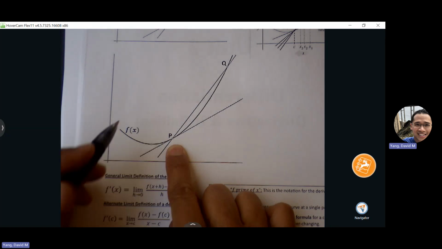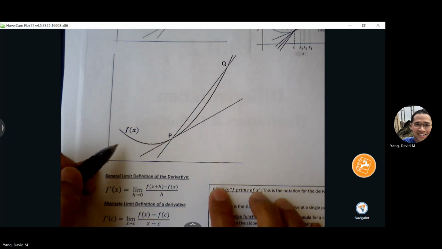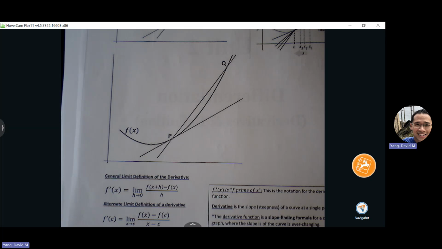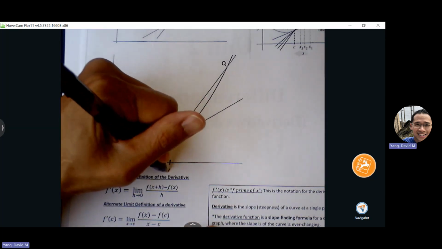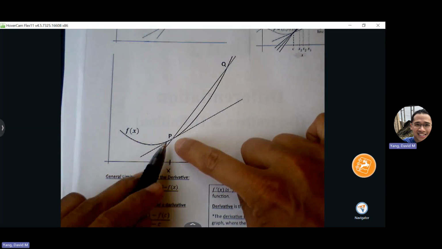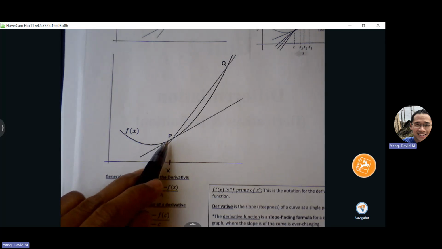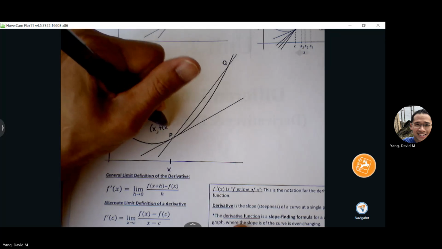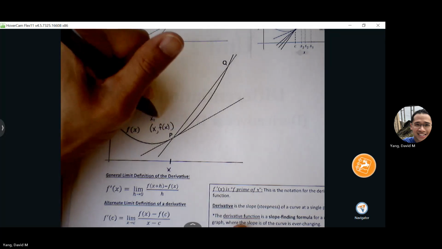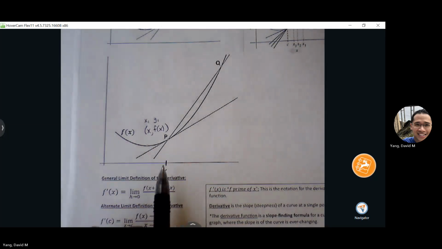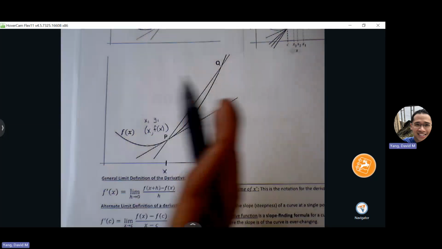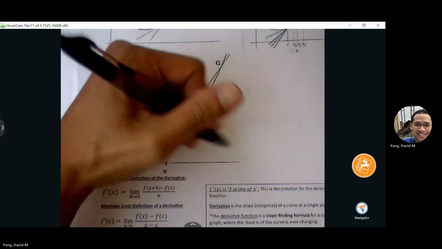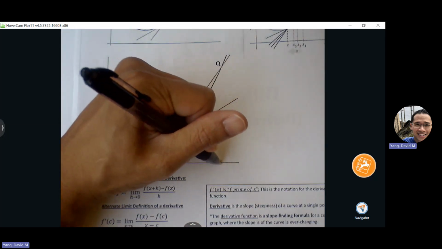Okay, we have point P here and point Q. Let's start off by creating an ordered pair in function notation for both these points. So point P is at some x value, and let's say point P is x comma f of x, right? Now we want point Q to be some distance away from point P, and I'm going to call that distance h.